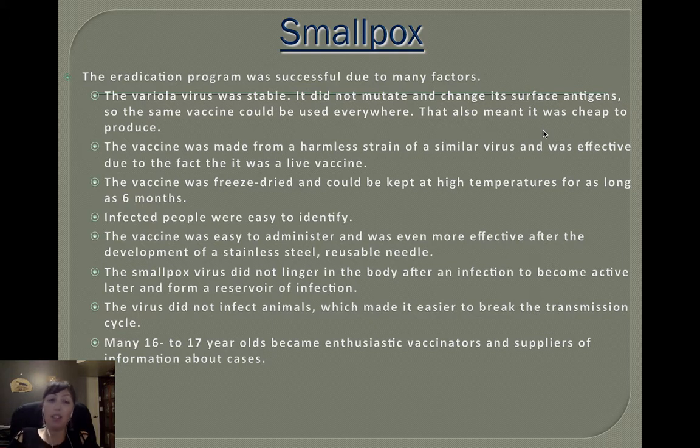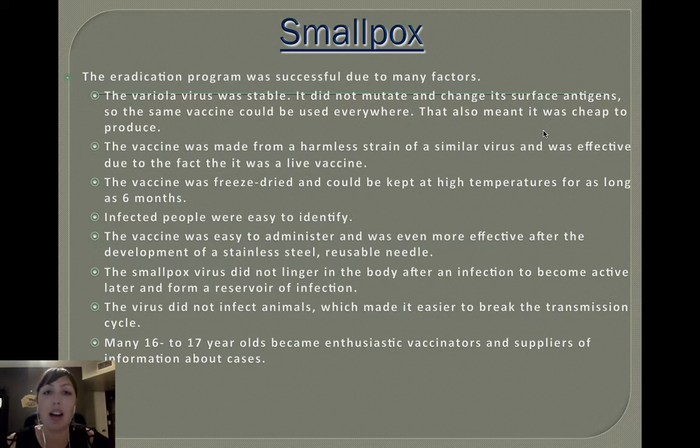And many 16 to 17-year-olds became really enthusiastic vaccinators and suppliers of information about cases because smallpox was such a big threat. There was this movement in the 50s of 16 and 17-year-old teenagers pushing their older and younger relatives to get vaccinated. It really became effective because it was coming from people who are most at risk.